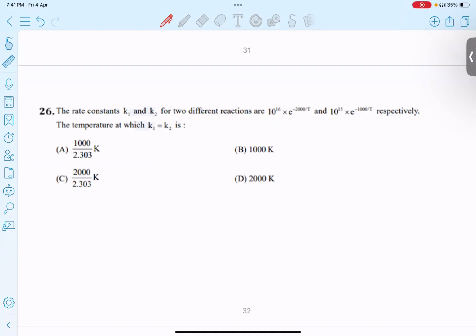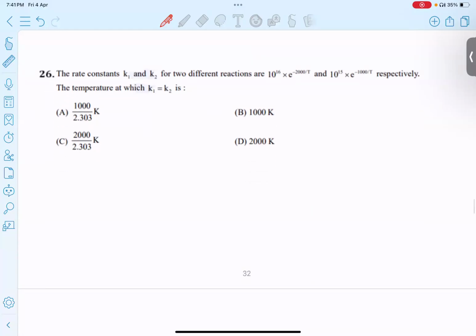Find the temperature at which K1 is equal to K2. K1 value is given, that is 10 to the power 16 into e to the power minus 2000 by T. K2 value is also given, that is 10 to the power 15 into e to the power minus 1000 by T.